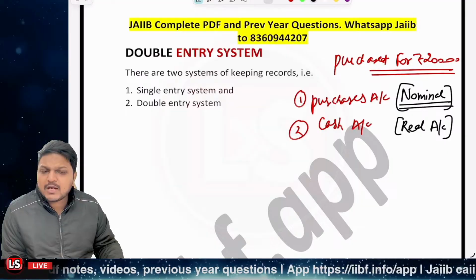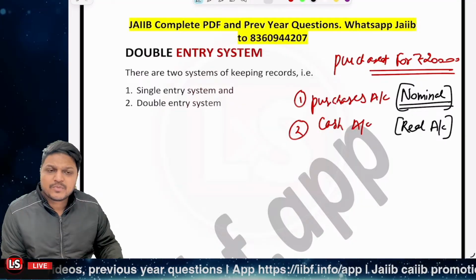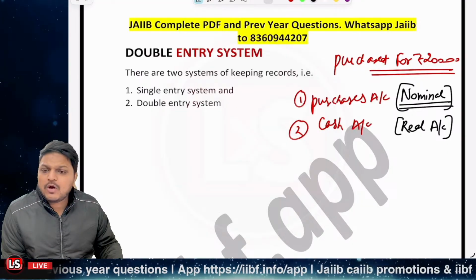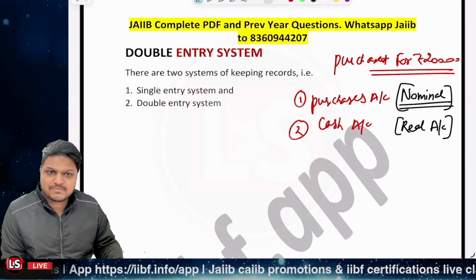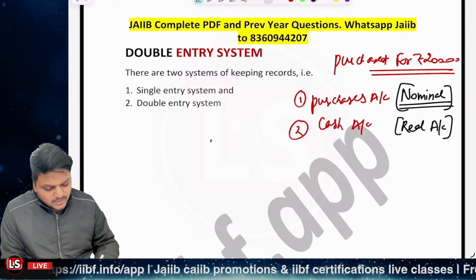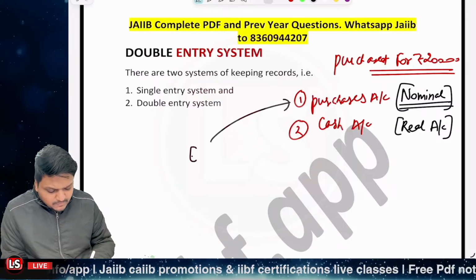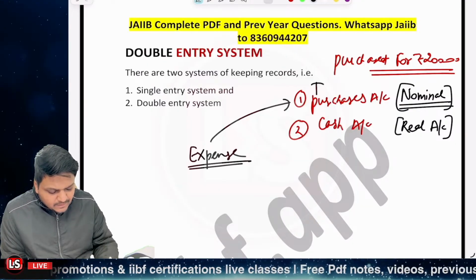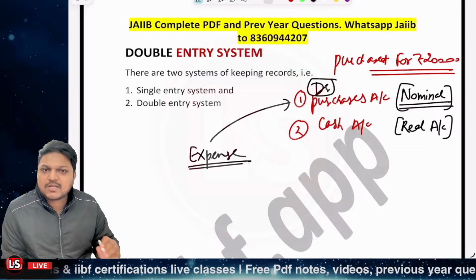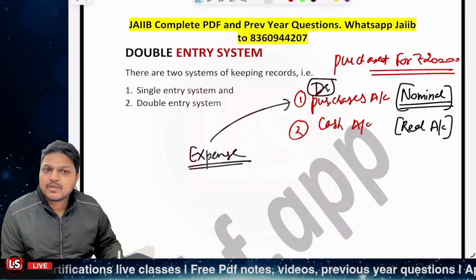For the nominal accounts, the golden rule is debit all the expenses and losses, credit all the incomes and gains, right? So purchases is an expense, so we are to debit the purchases account, right?